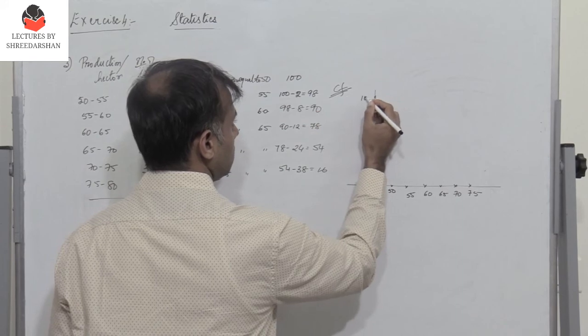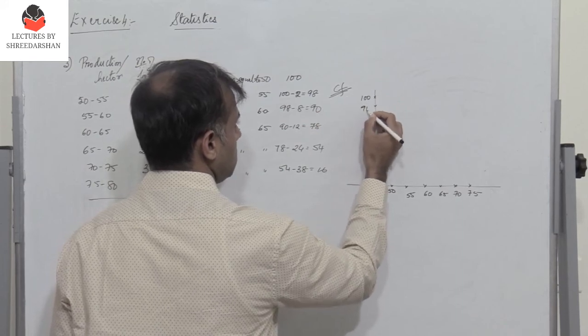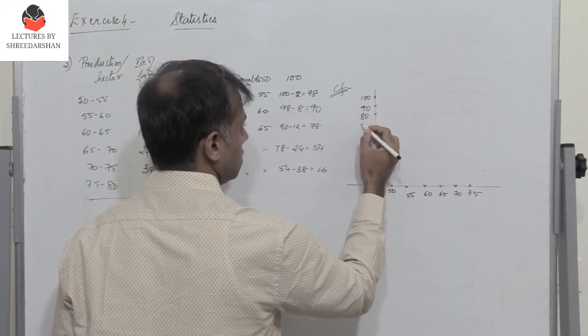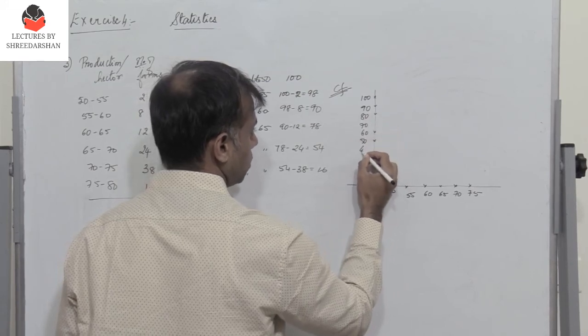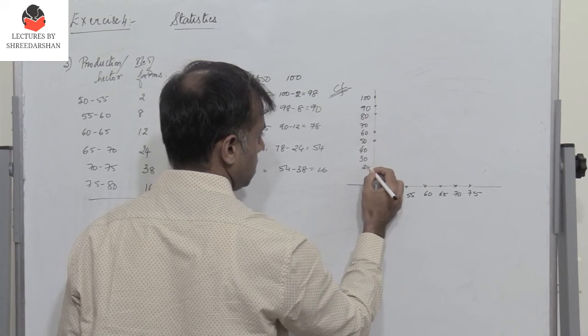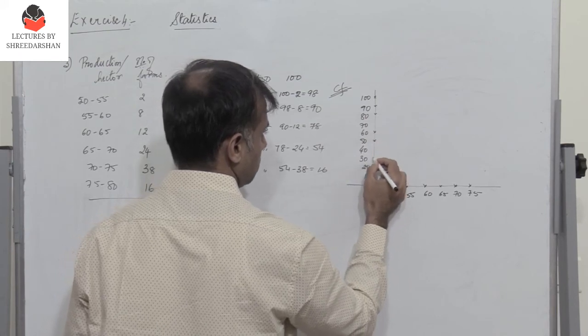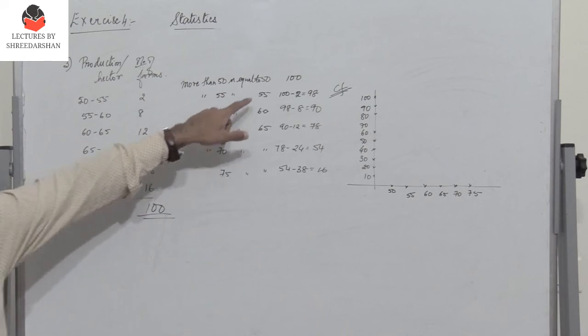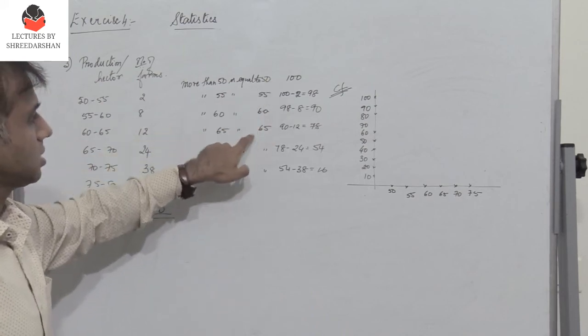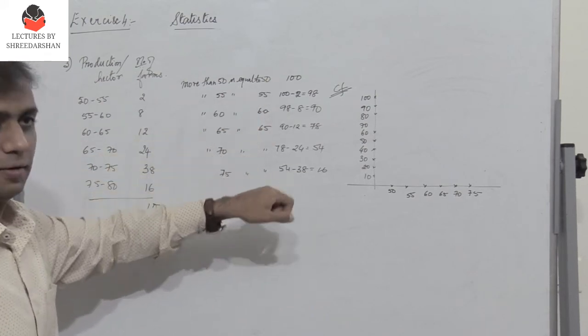So this is 100, and then 90, and then 80, 70, 60, then 50, 40, 30, 20, 10, and so on. Okay, so at least 50 here. Since 50 happens to be the benchmark, I consider 50, 55, 60, 65, 70, and 75.